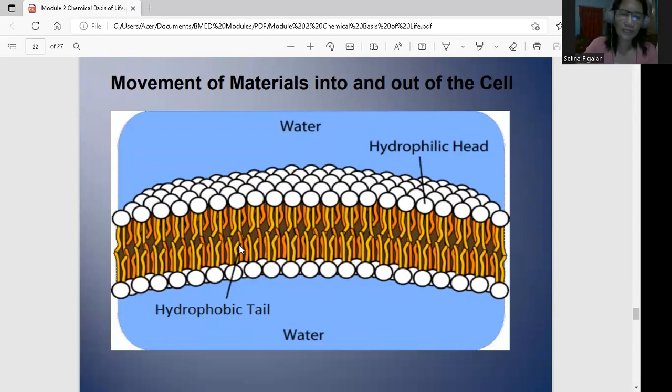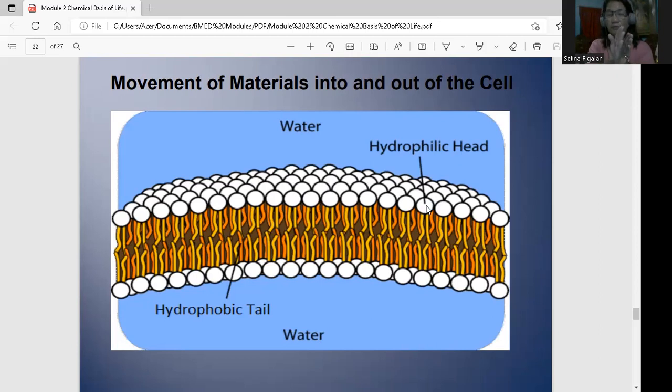The inside is hydrophobic, which means it fears water, because inside the cell and outside the cell there is water. Then the outside is the heads, which love water. That is the reason why they are attached to the water.